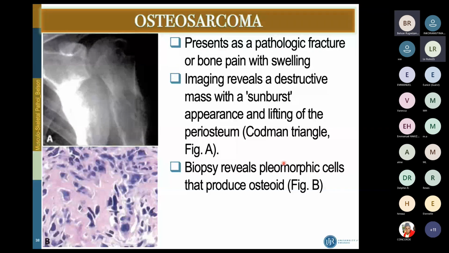Imaging reveals a destructive mass with a sunburst appearance. So see here in the pictures, here in the X-rays, and the lifting of the periosteum. So kubera ko itangira munsi ya periosteum, iyo itangiye gukora periosteum ireguka, so bikora triangle bise Codman, umuntu ayivuze bwa mbere.